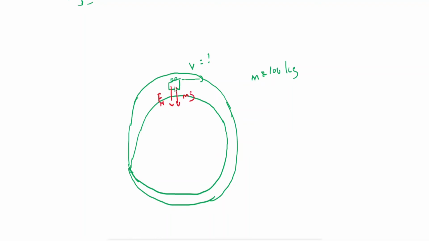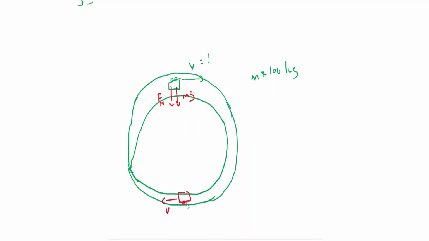So if it just stands still, it's going to fall. But if it has enough tangential velocity, it's not going to fall. It's actually going to go around like that.